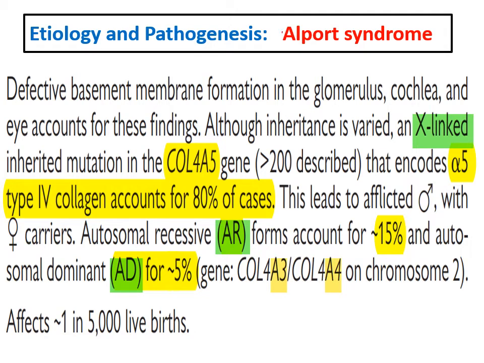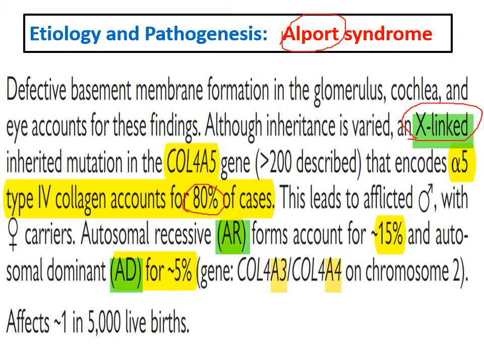What happens in Alport syndrome? As we said, there is a defect in type 4 collagen, but the inheritance is varied. We have 3 types of Alport syndrome, or 3 modes of inheritance. X-linked, which is the most common, accounts for 80% of cases.